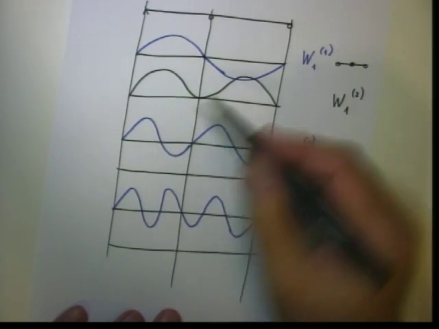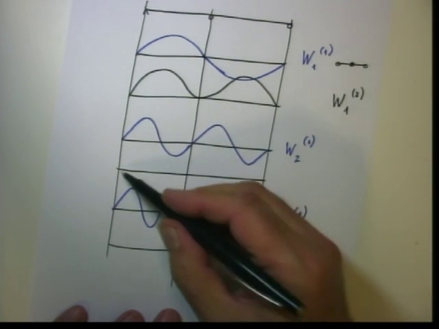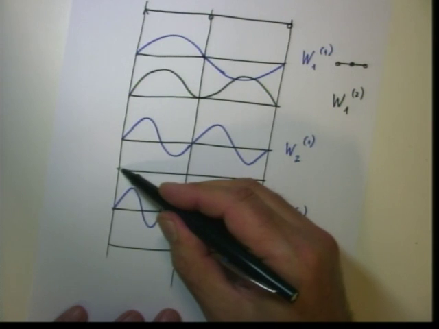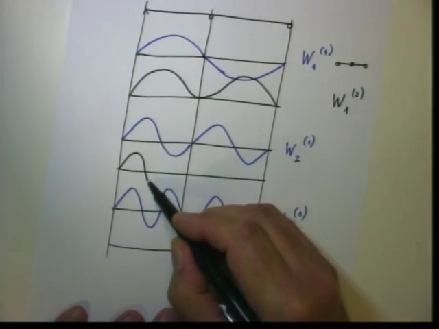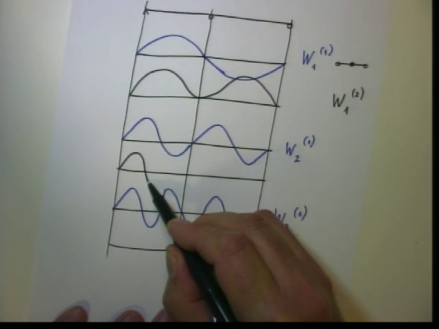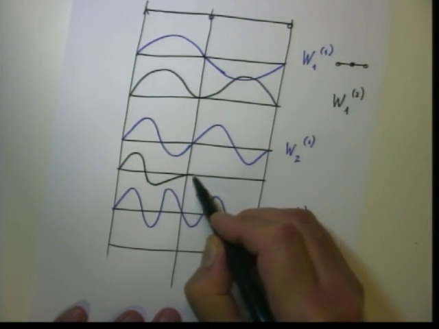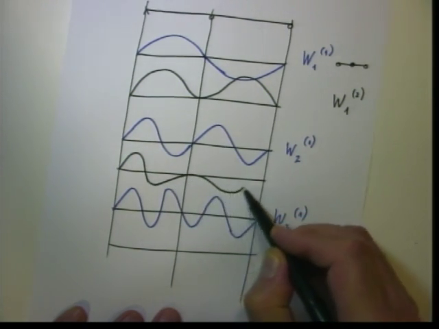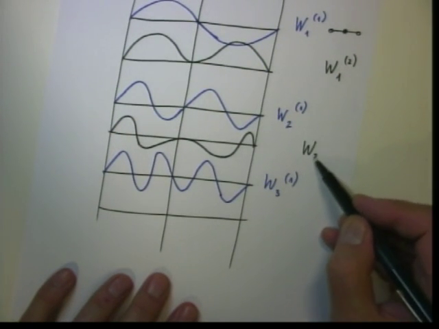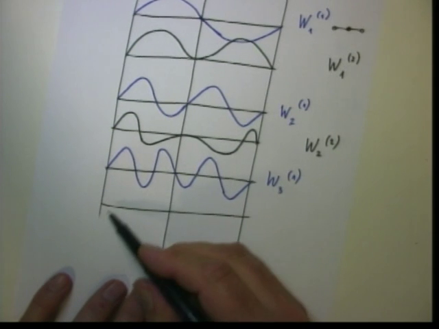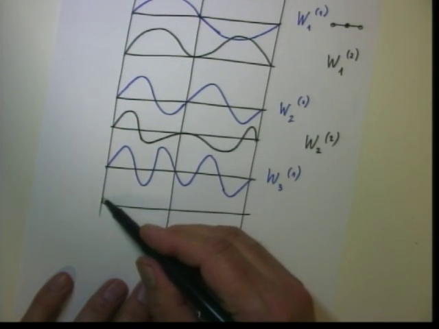Now maybe I should take smaller amplitude. Now this will be, yes. Okay, that is W2 in the second series. And there is third.